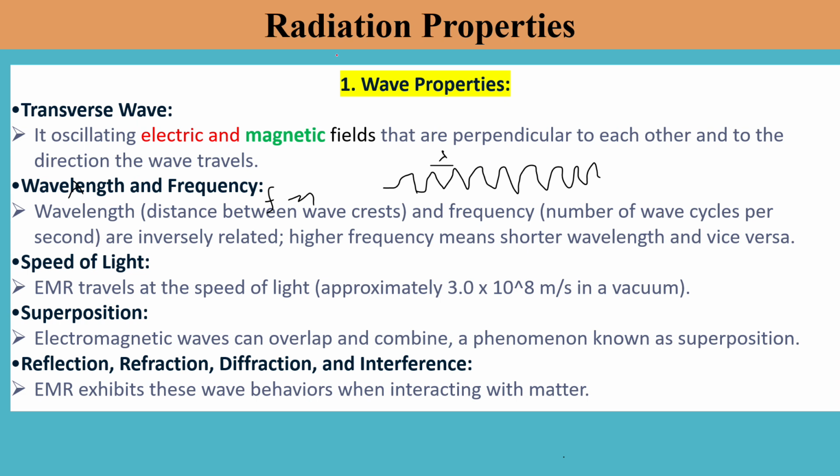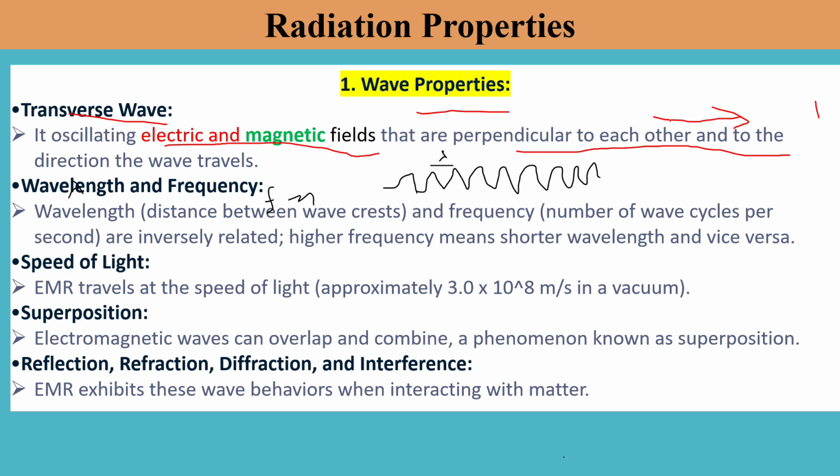Now, electromagnetic radiation's wave property: these are transverse waves, with electric and magnetic fields that are perpendicular to each other and to the direction of travel. Suppose the wave is traveling like this.